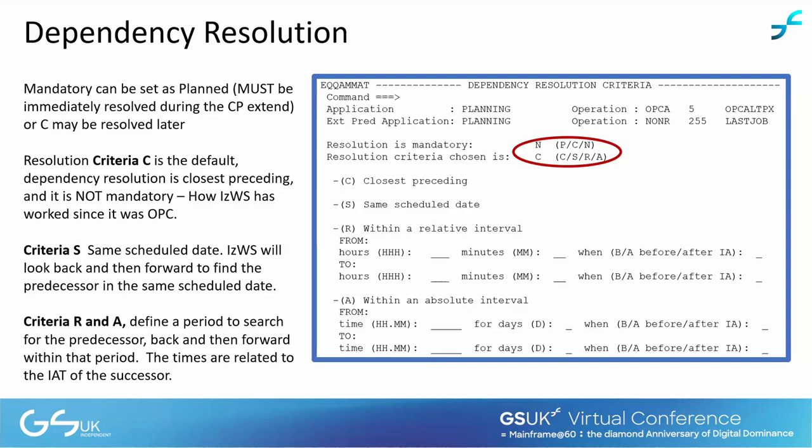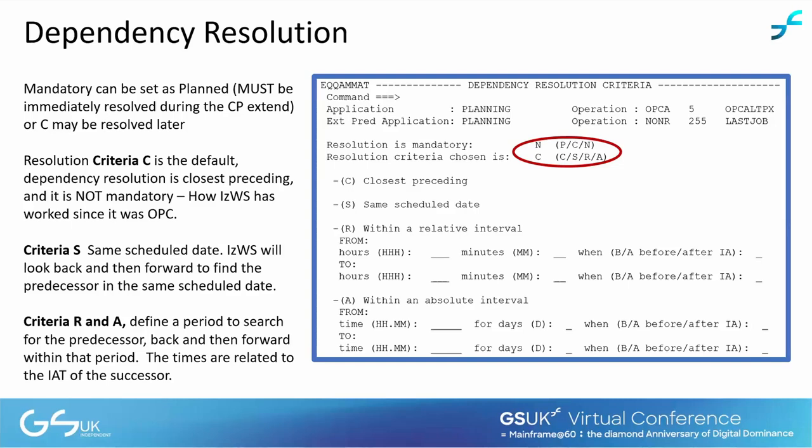Your other options are within a specific interval, either a relative interval or an absolute interval. The difference between them is you are saying what period of time you can look for the predecessor in.